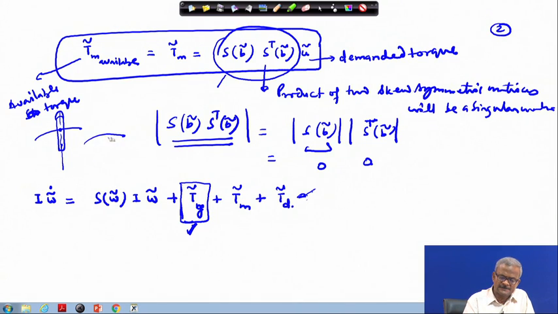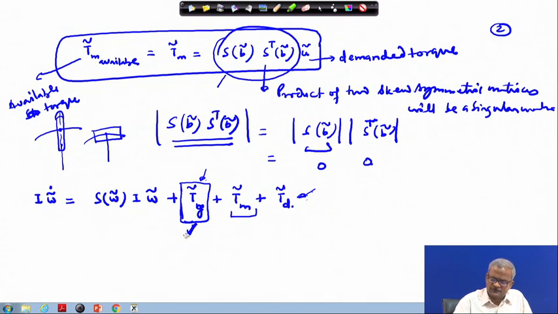But if the same thing is in this format, this will be unstable about the pitch axis. So, depending on the moment of inertia matrix, your stability due to the gravity gradient will be positive or negative, meaning it will be either stabilizing or destabilizing.